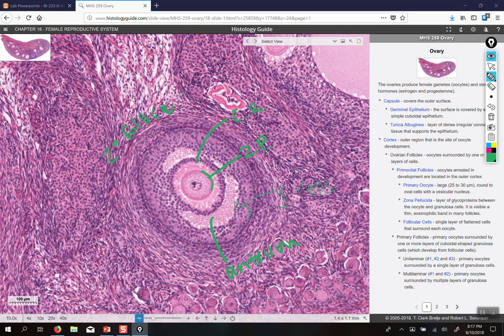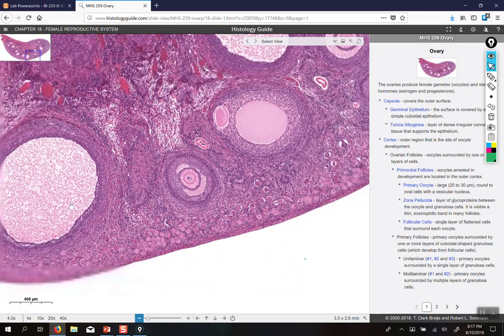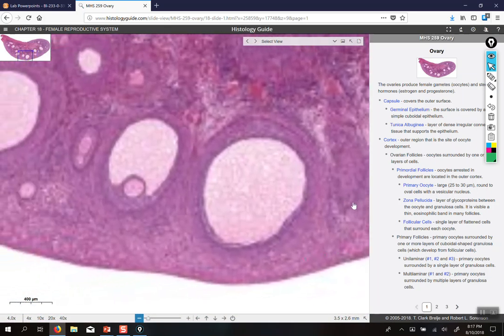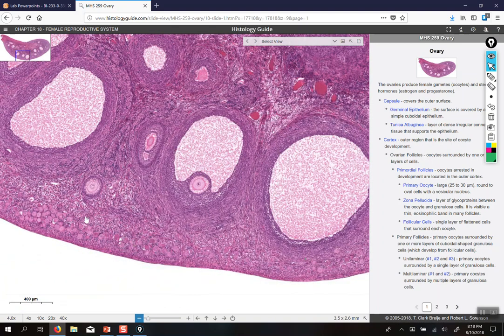Okay, so now let's go hunting for a primary follicle. Off we go. I'm going to zoom out a little bit. That'll help me look a little bit better. Yeah, that's a good one. So let's zoom in here.